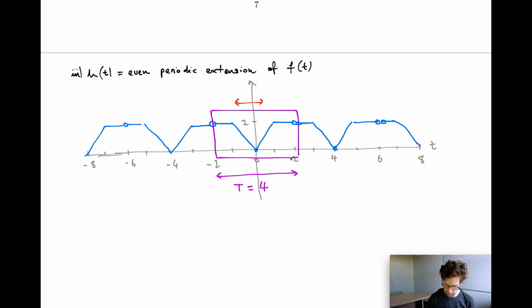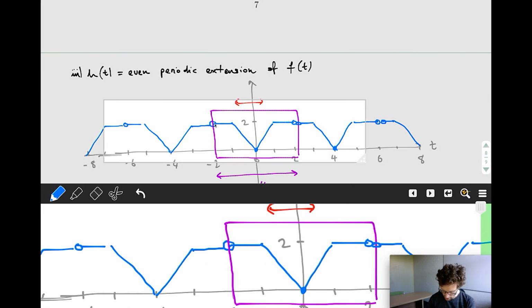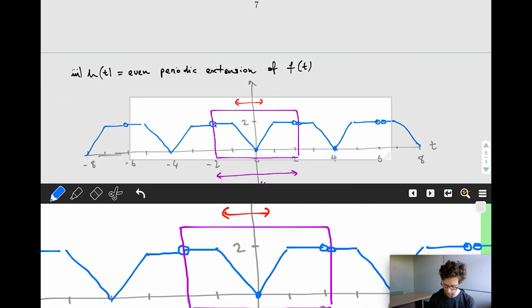One thing you might notice here is that because I flipped left to right now, I have no value of my function at the points 2, 6, minus 2, minus 6, because the open circles now are lying on top of one another. So at this point, I'm actually free to choose what values I want to take for those values of my function.